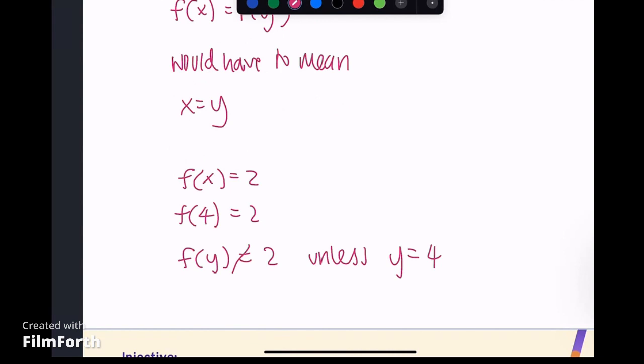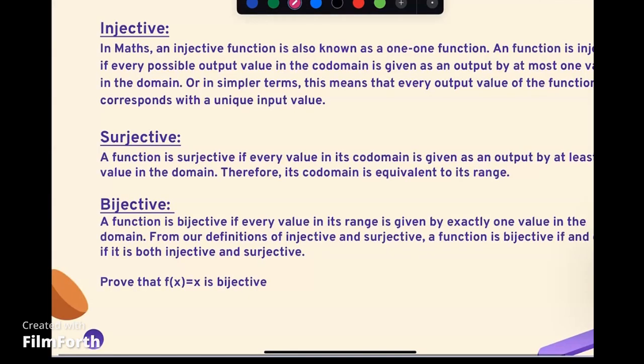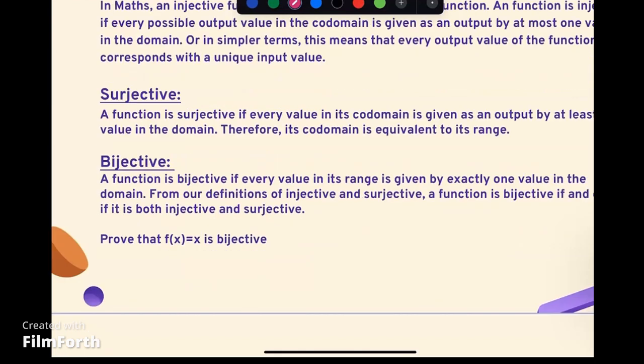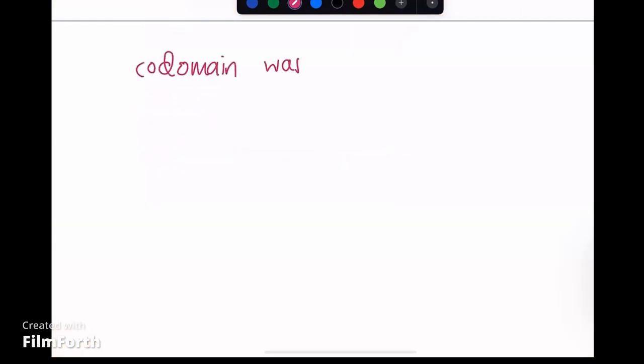Now let's move on to surjective. It's a little bit different, and it means that for every value in the codomain, it's also in the range. So it basically means that the codomain of the function is equivalent to the range of the function. You can achieve all the values inside the codomain with the function f. So let's say our codomain was the positive integers.